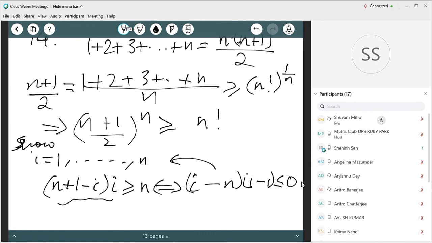And that's the wavy curve, right? Wavy curve implies this thing. That should help you out. Did you get what I said now? i can be any variable in this way. Rather, I should write i belongs to this set. Then this inequality is true.